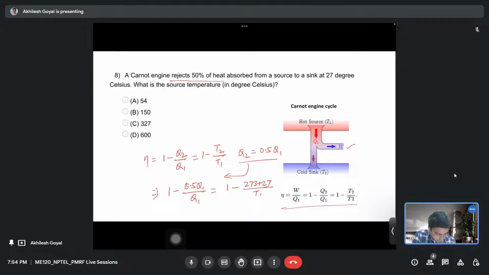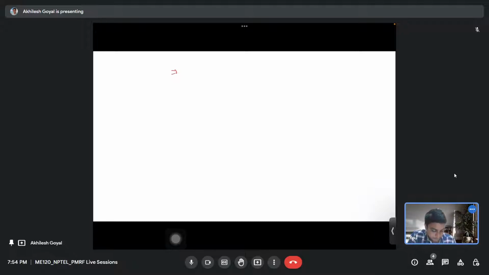So this is 1 minus 0.5 is equal to 1 minus 300 by T1. So 0.5 is equal to 1 minus 300 by T1.